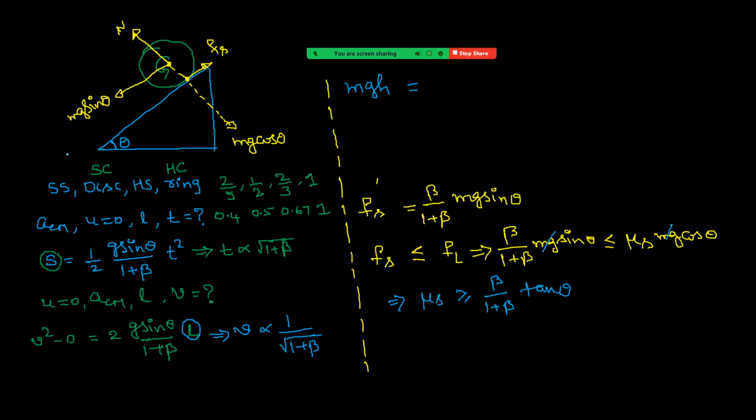When it reaches the bottom of the incline, this gravitational potential energy completely converts into kinetic energy. While taking kinetic energy, we should be very careful.